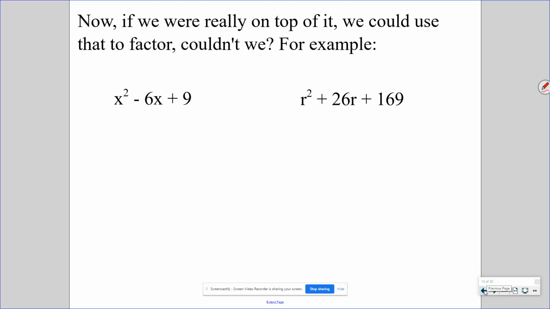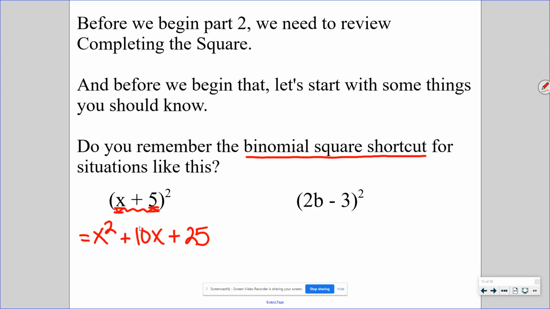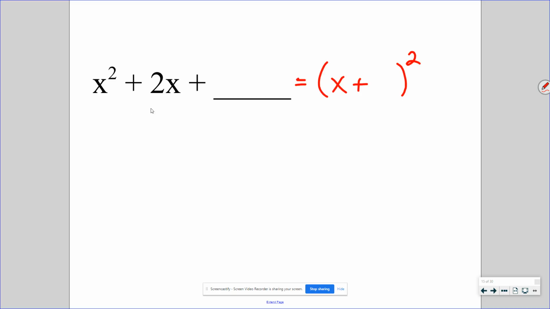Now, as I told you in the steps, to find the middle term, you took these 2 things and doubled it. We're going backwards. So if I already know the middle term, I'm going to take half of it, and that's going to equal these 2 things. So I'm going to take half of this, which would be 1. And that tells me that this would have to be a 1. So multiply this and double it, and you get 2.